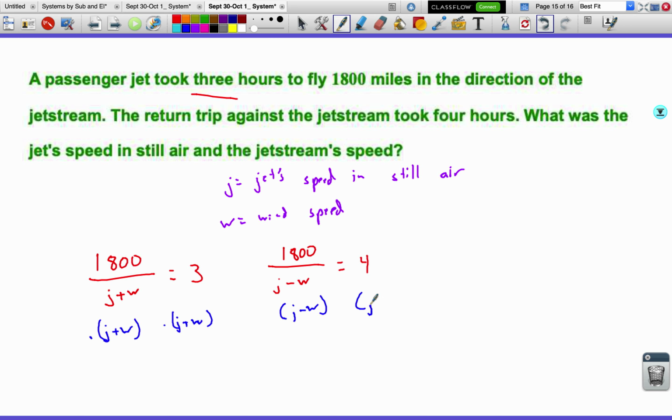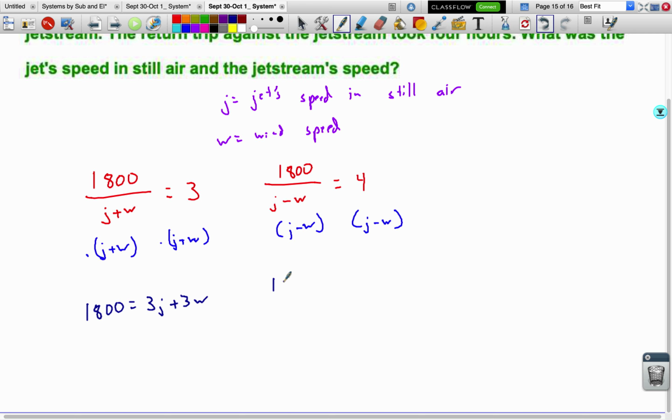So now the left-hand equation is going to be 1,800 equals, and I'll even distribute the 3J plus 3W. And this one over here is going to be 1,800 equals 4J minus 4W.